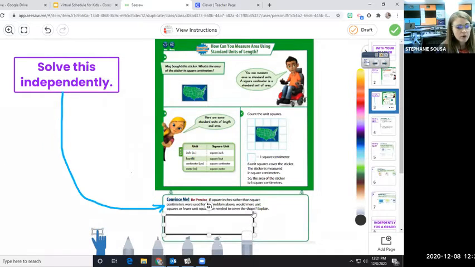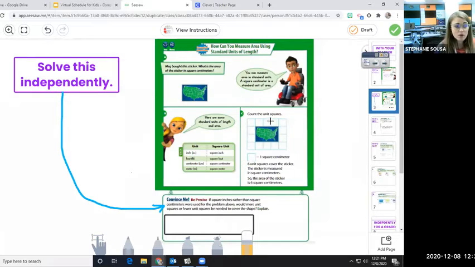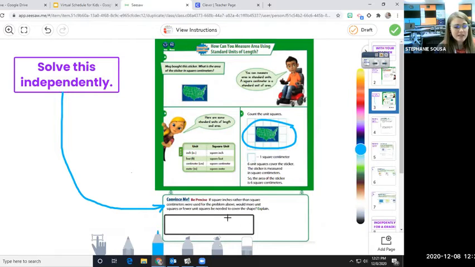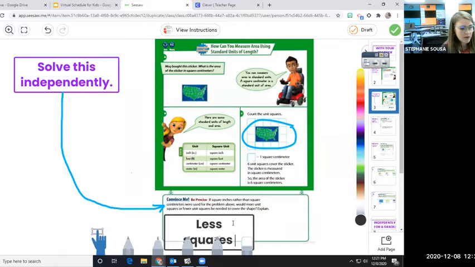So if I were going to use inches to cover up that same rectangle as we see right here, then I know that I'm going to need less. I'm not going to need all 6 inches to cover up a space of 6 centimeters. So less squares. And if I am typing, you are typing.